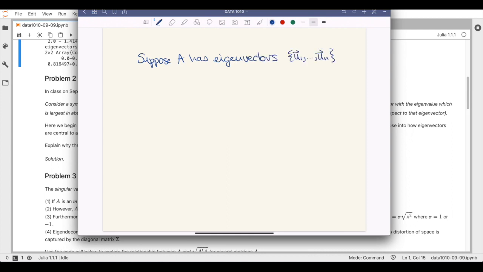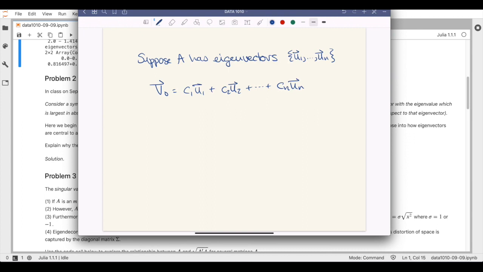So we know that A has a basis of eigenvectors because it's symmetric. And the key idea is to take the vector v0 and expand it with respect to this eigenbasis. So it's going to have some coefficient c1, c2, and so on up to cn. And we're going to repeatedly apply the matrix A and see what we get.